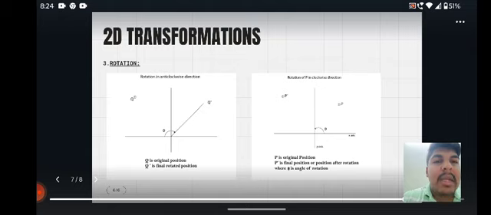After moving it in the anti-clockwise direction by the angle theta, it will move to the position Q'. In the next diagram, P is the original position, and P' is the final position after rotating by the angle in the clockwise direction. In both diagrams, theta is the angle of rotation, specifying the amount of rotation for the points.